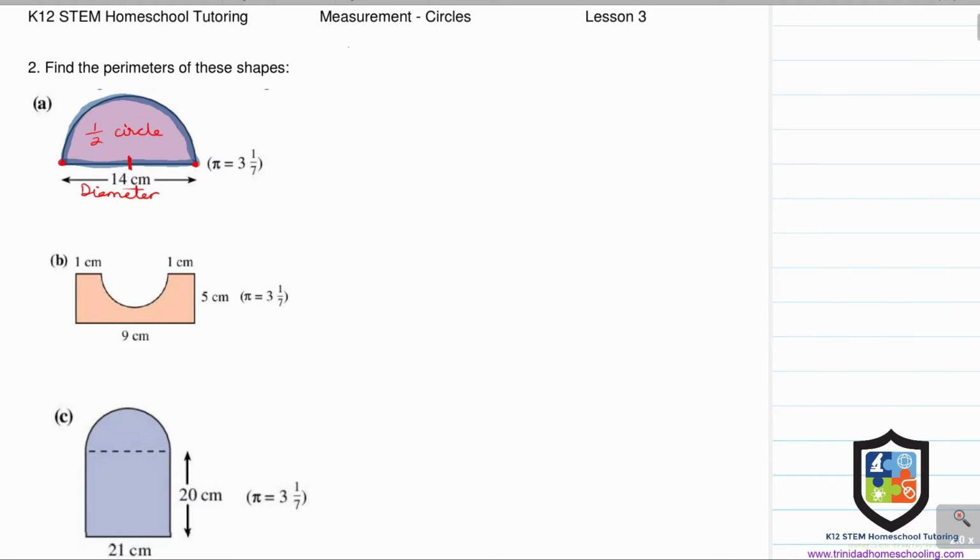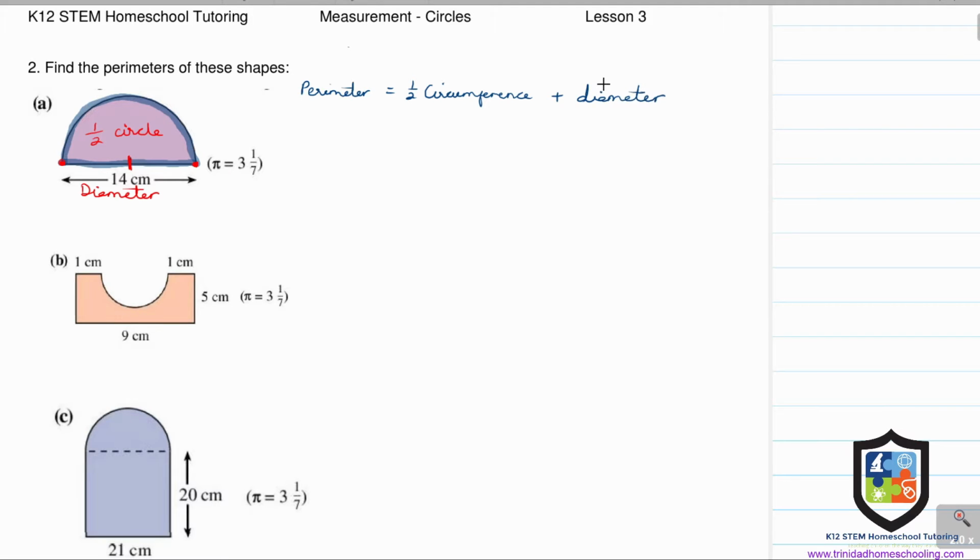So the perimeter of this shape is equal to a half of the circumference of this circle plus this diameter.